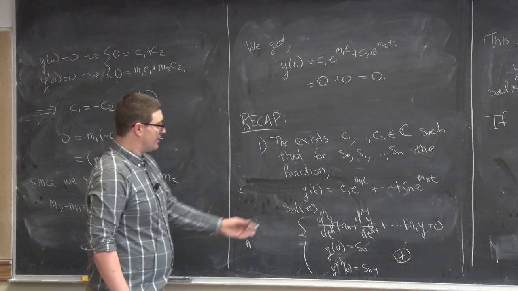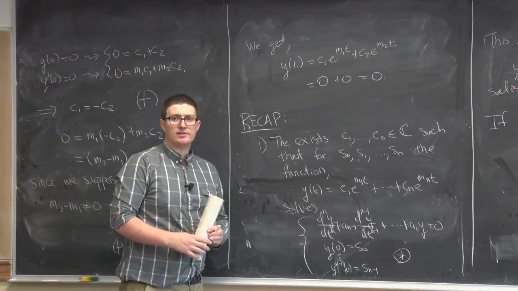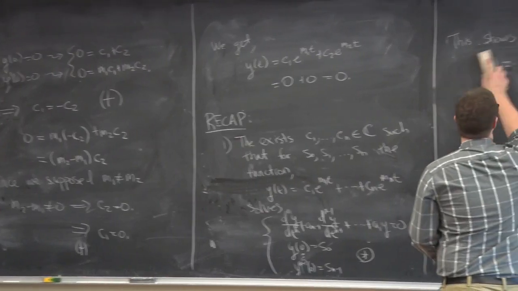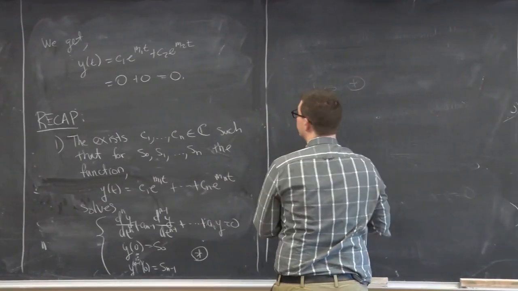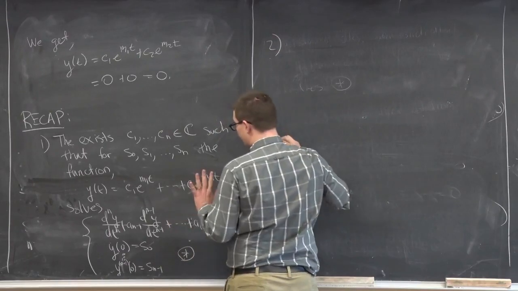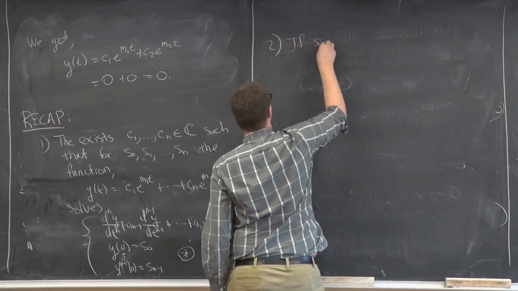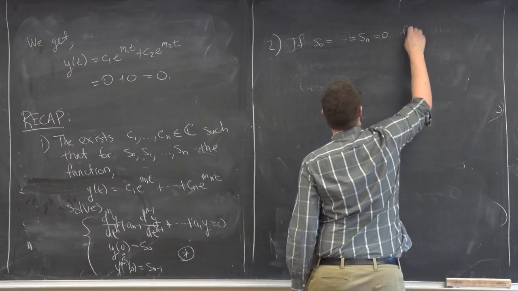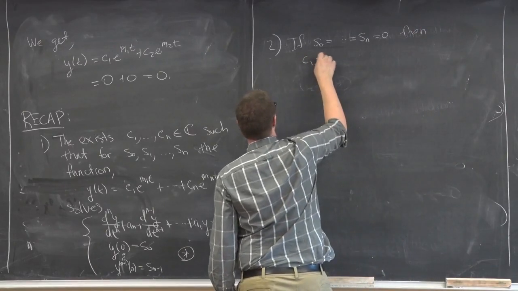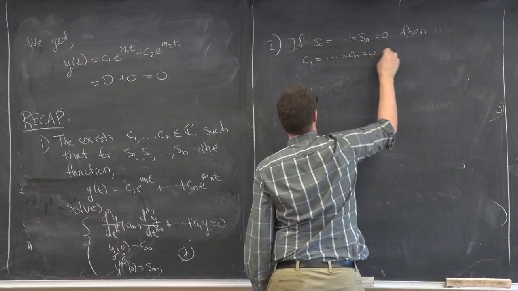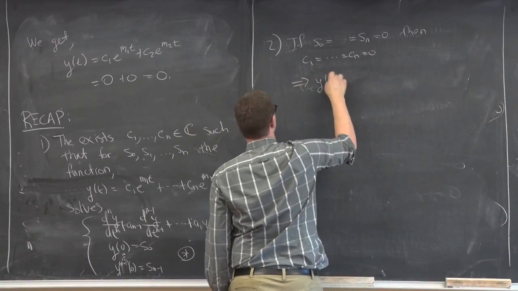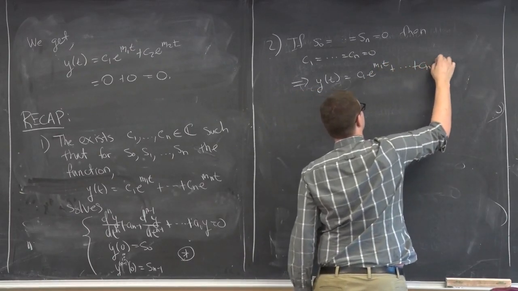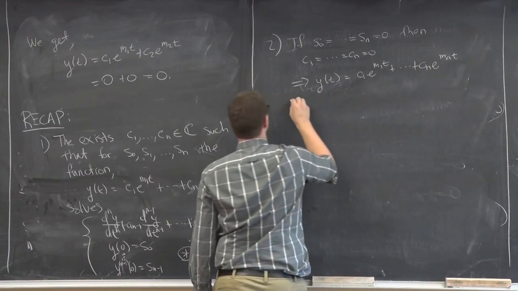Okay? And so we showed that there exist these, we can solve for those constants. We showed that 2, this is what I showed last time, was that if S0 is equal to all the way to Sn is equal to 0, then C1 through Cn are also 0, which implies that y of t, which is this thing, is the trivial solution.